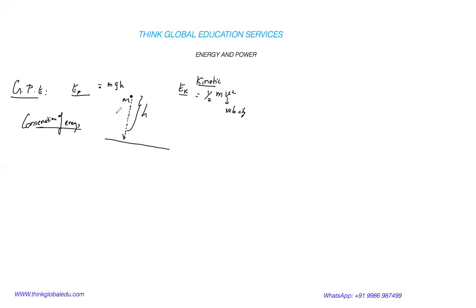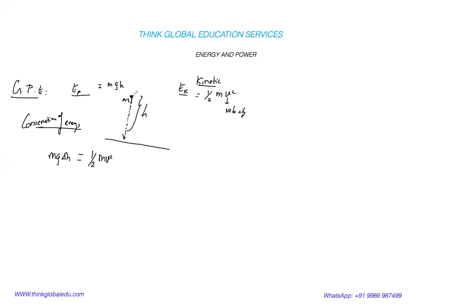That is, the object which is at a height h falls, so the height is changing with time. We can represent that as mg times the change in height is equal to half m v squared. At the position h from the surface of the Earth, the object has the largest potential energy, and as soon as it goes down, the potential energy decreases and the kinetic energy starts to increase.